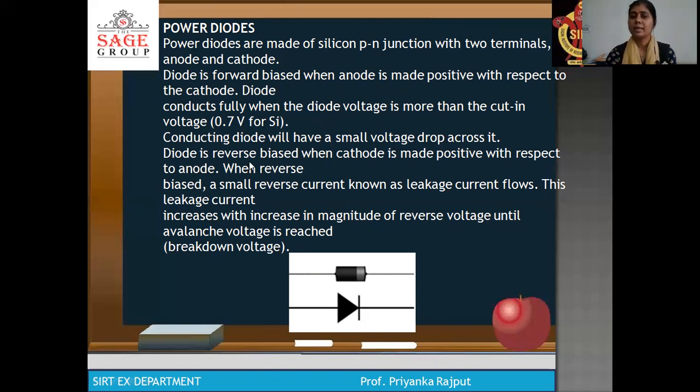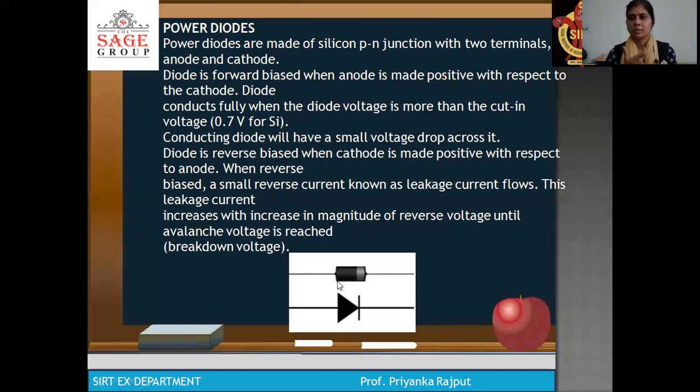The diode is reverse biased when the cathode is made positive with respect to the anode. When reverse biased, a small reverse current known as leakage current flows. This leakage current increases with the increase in magnitude of reverse voltage until the avalanche voltage is reached, called the breakdown voltage.